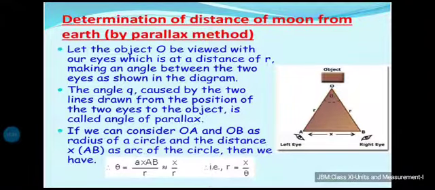Now we will study a method for measurement of large distances. If we are asked to measure some distance which is not that large, we can very easily do so with the help of a meter scale or a measuring tape, or the distance between two cities can be measured with the help of an odometer fixed in our vehicles. But large distances, such as the distance of a planet or a star from the earth, cannot be measured directly with a meter scale.